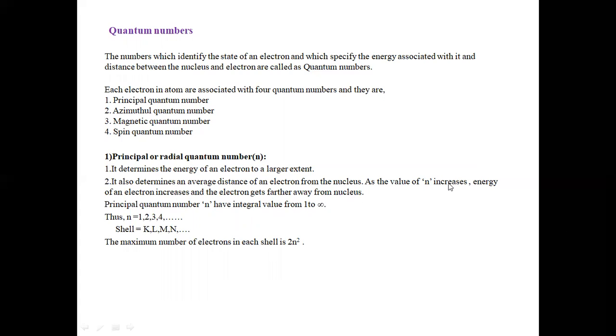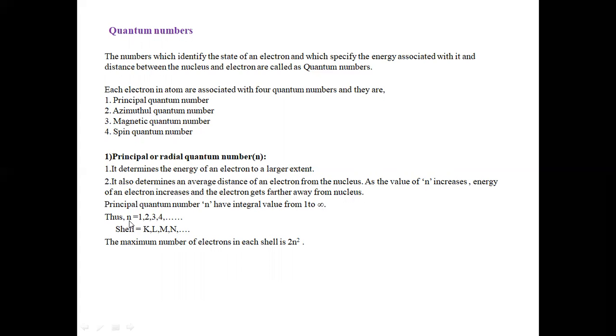As the value of n increases, the energy of an electron also increases and the electron gets farther away from the nucleus.